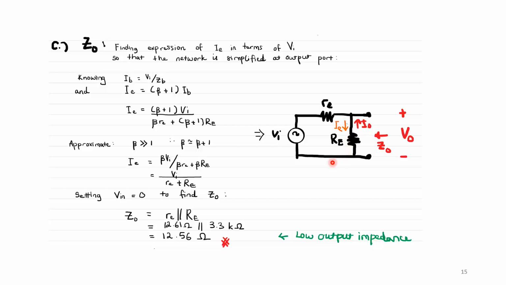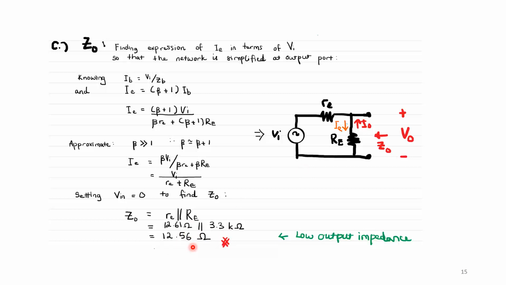So this gives a simplified representation of the circuit that we had before, and here we can set Vin equal to 0 to find Zout. So if this is 0, I'll have small signal re in parallel with capital RE, which would give me 12.61 ohms in parallel with 3.3 kilo ohm, which is about 12.56 ohm.